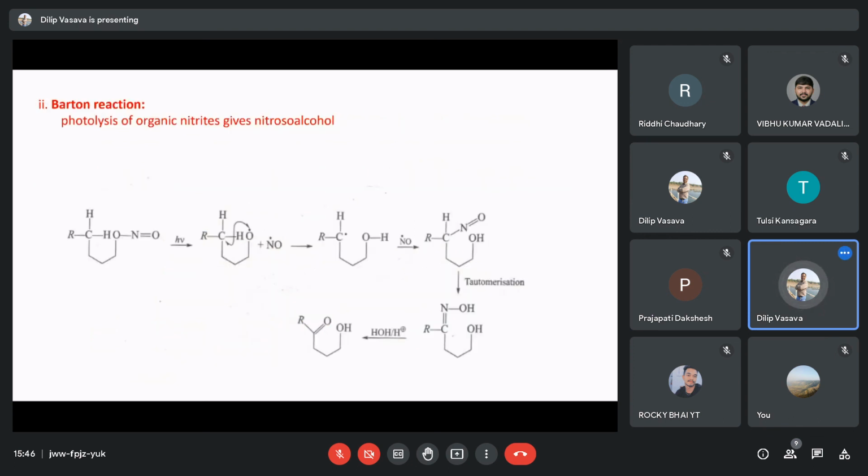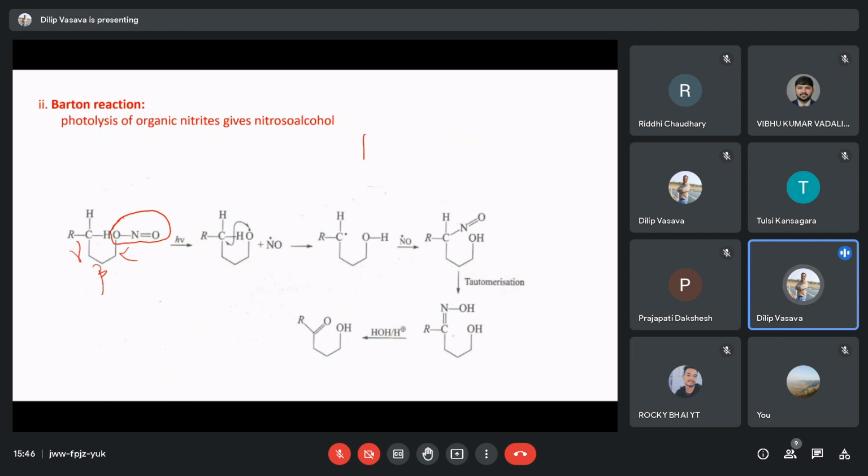The Barton reaction is a very famous reaction where the oxidation takes place, with the NO2 group here. Oxidation is taking place at the alpha, beta and gamma positions.